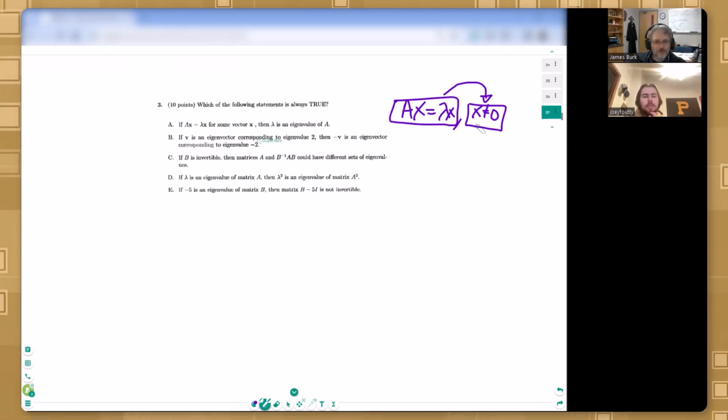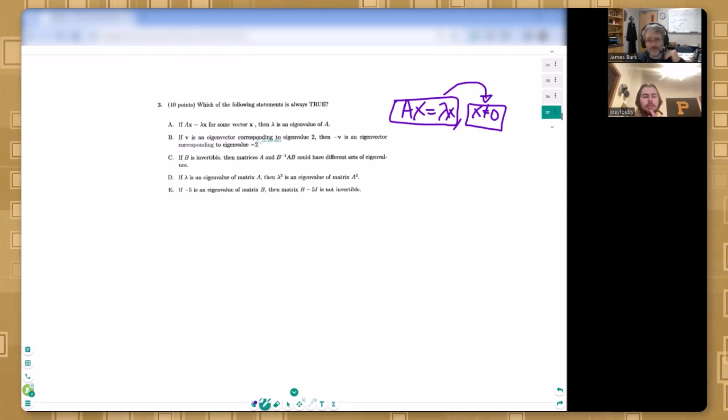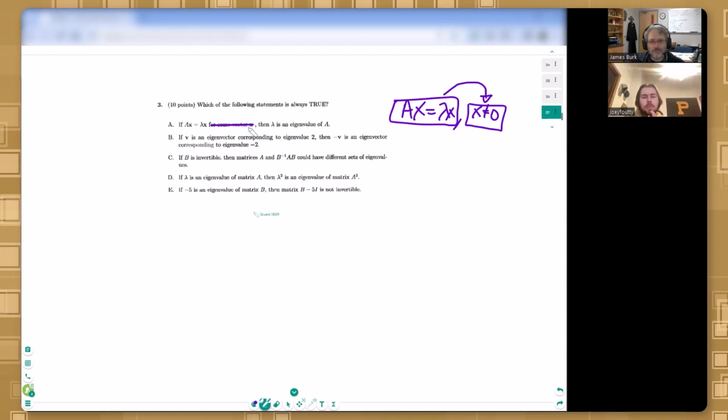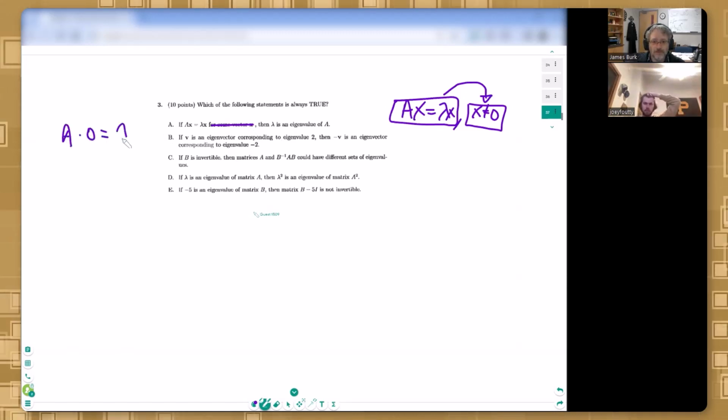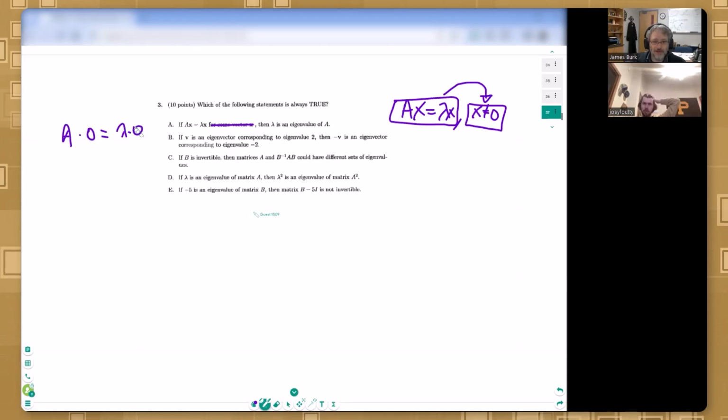If you're not for sure, you always want to definitely ask if you have to. But sometimes you might see it like this. Now, it's always true if x equals 0, because if x equals 0, does that mean that 0 is always an eigenvector?